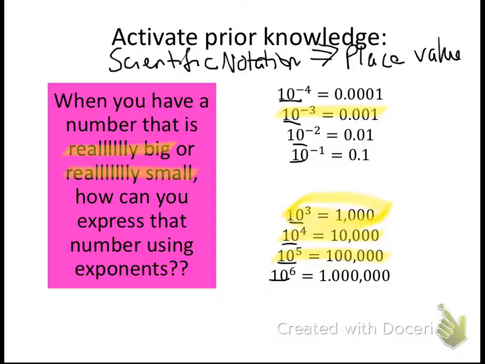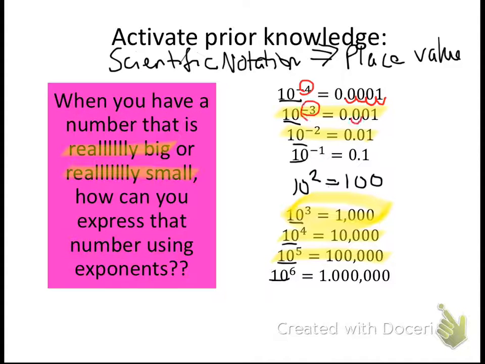So if we're talking about 10 squared, which is 100, then 10 to the negative 2 is 1/100th. Okay? So what we're looking at here are the more negatives, the more place value. So negative 4 is 1, 2, 3, 4 places.